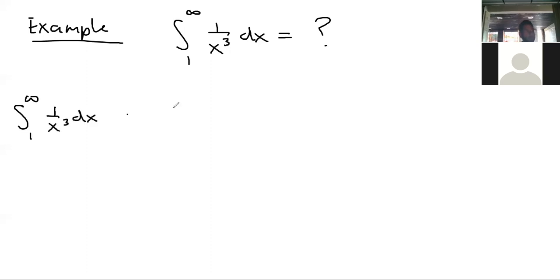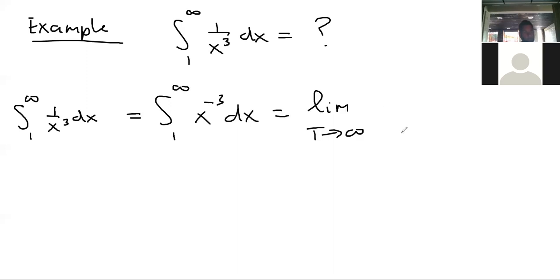The first thing I would do is rewrite this as x to the -3, just because my brain likes that more. Then I replace infinity with a t, and I do the integral.